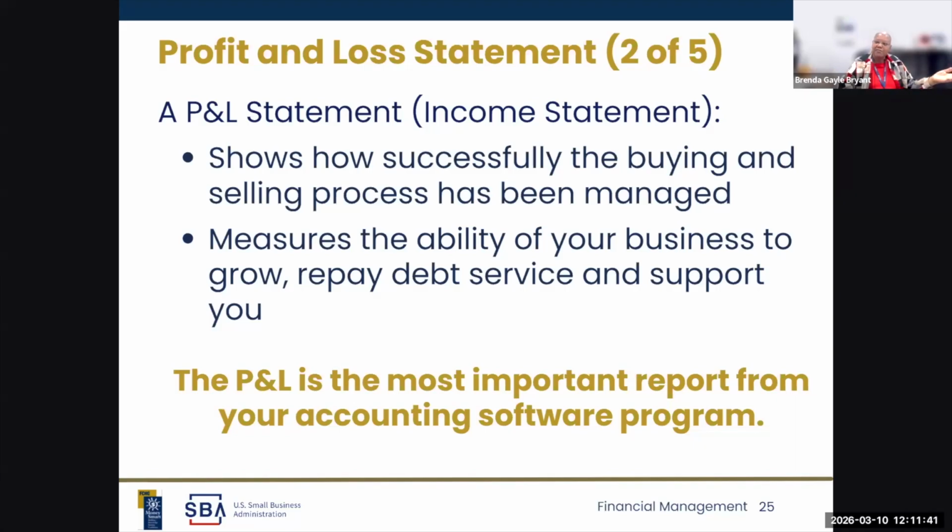I buy stuff to sell to somebody. And when I do that, my profit and loss statement shows me how much revenue I have coming in from people buying my stuff, how much is going out for the expenses that I have to pay, and how much is left over to show my profit.